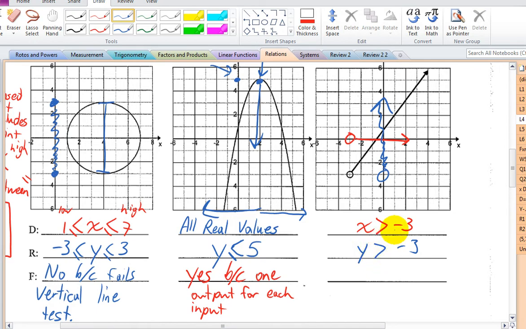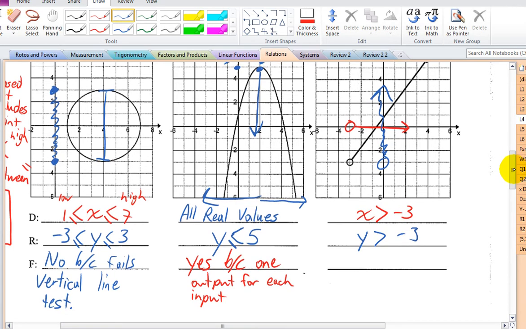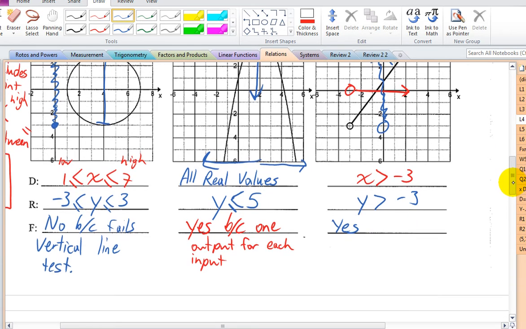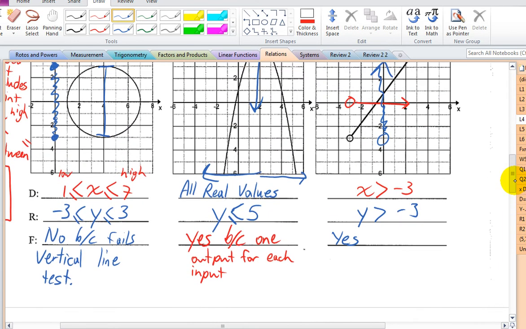And we cannot have the equal to part because it's an open circle. It's excluding those points. So we get up really close to it, but not touching it. Function or not? Yes. Okay. One output for each input. Okay. Turn it over.